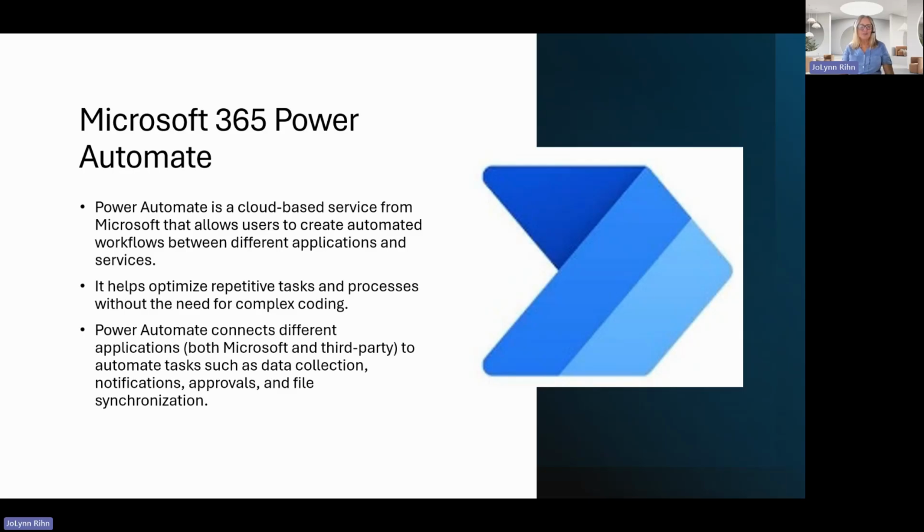If anyone is familiar with programming or creating macros in Microsoft Access, Power Automate works similarly, because we need to create it by planning ahead in our heads: this is the action I want the automation to do, and this is the software that is going to be required to automate this process, this workflow.